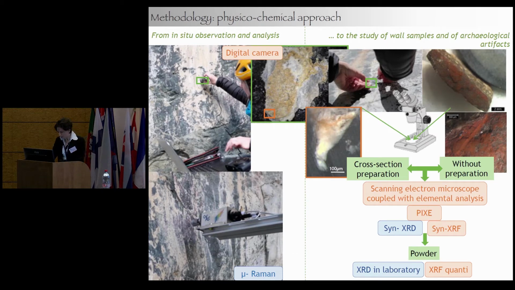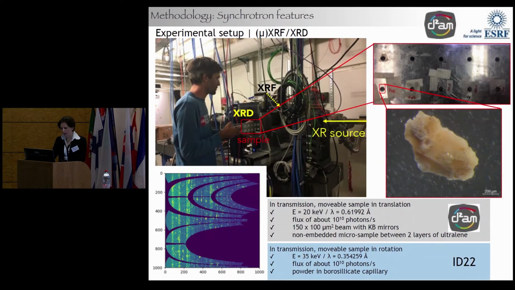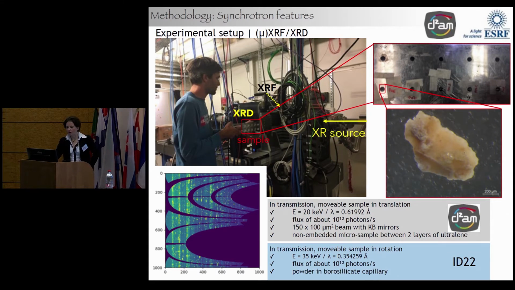I will present after the results obtained with different methods on these different samples. We also cross with synchrotron X-ray fluorescence and X-ray diffraction. Thanks to the collaboration with the ESRF in the Patrimalp project, we have access to two beamlines, BM2 and ID22, to mainly perform X-ray diffraction.